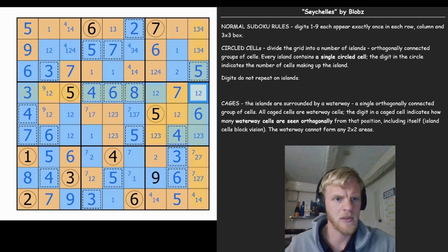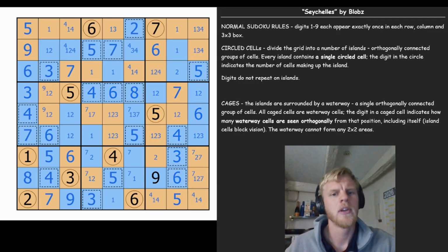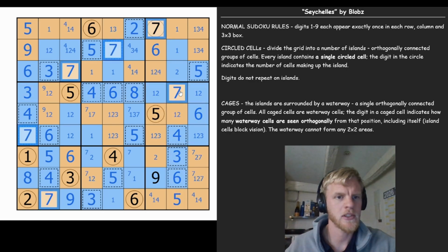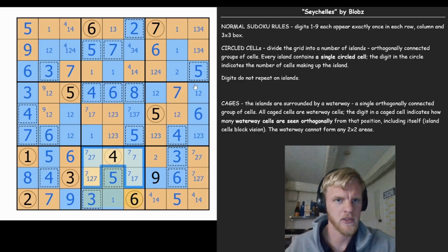Maybe that was a little bit messy with the pencil marking, but we will get there. We got all 7s done, right? At least pencil marked. Let me pencil mark those into the center real quick. Yes.